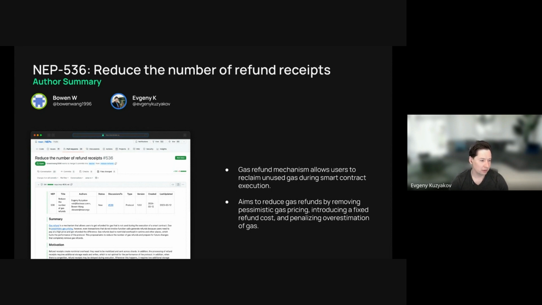That was done to fight congestion and make it a bit more expensive to spam the network with this pessimistic gas pricing, if you spam a lot of transactions in a burst, all paying the same amount. In reality, the current mechanism of gas price increase doesn't really work well.